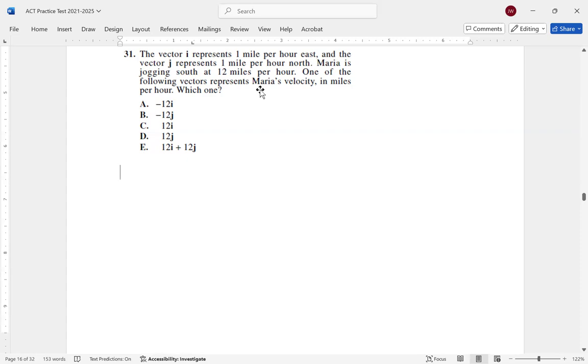So going south is negative j, that would be 1 mile per hour south. If we're going 12 miles per hour south, then we're talking about negative 12 times j. So negative 12j is the vector that represents 12 miles per hour south. And that's option B.